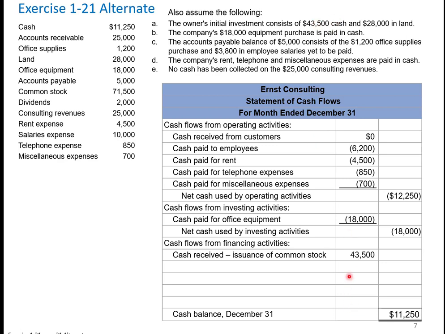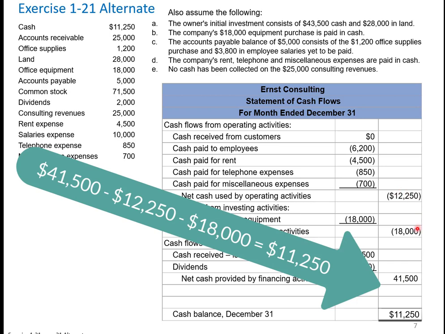And this is a positive amount because this is cash coming into the business. They paid cash dividends of $2,000, so that is going to be a subtraction. Then this row says net cash provided by, because we have a positive $43,500 coming in, $2,000 going out. The net difference we will subtract to get the net cash provided by financing of $41,500.